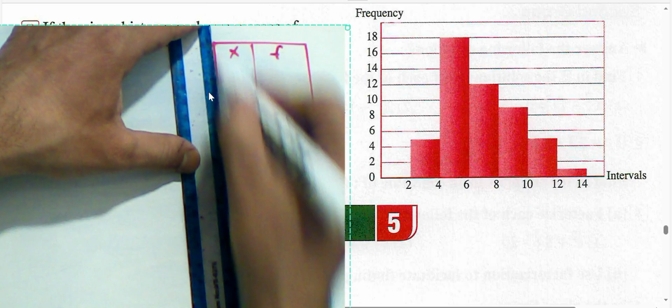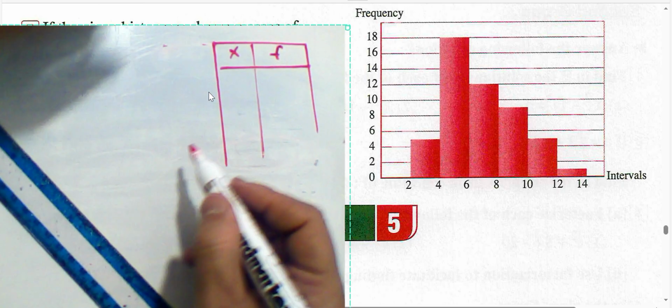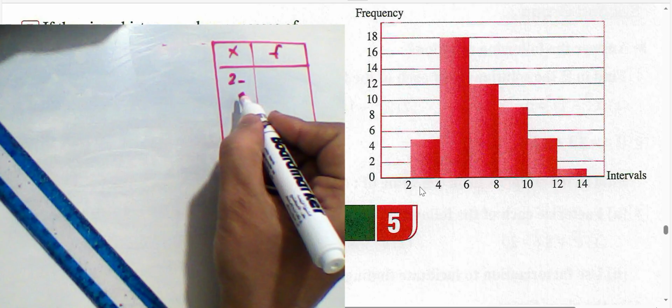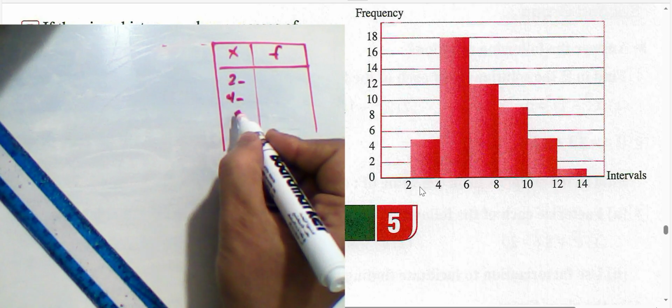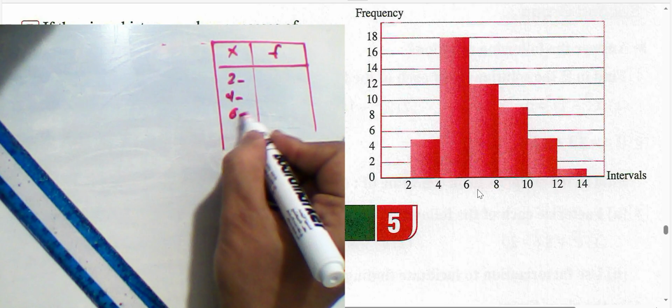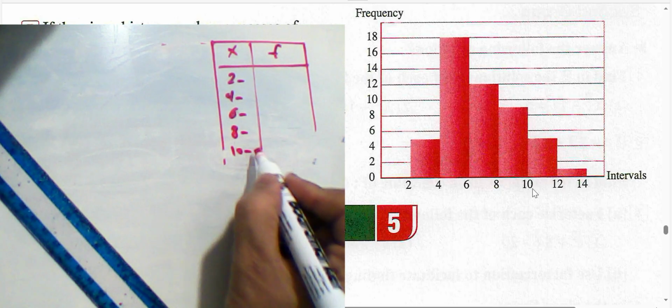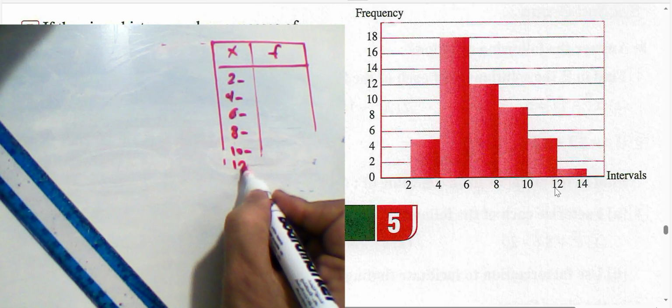Okay, like this. The intervals here are from 2 to 4, then from 4 to 6, 6 to 8, 8 to 10, 10 to 12, and 12 to 14.